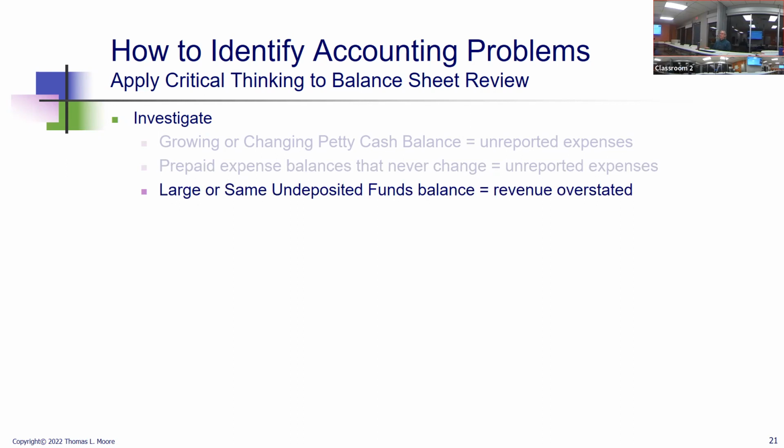You may also have large or unchanging undeposited fund balances. This is where clients or customers pay you, right? And you've got an account in your chart of accounts for undeposited funds. So these are checks that they've paid you, but you haven't taken to the bank yet. The idea is that you match that check up with an invoice that you sent them.